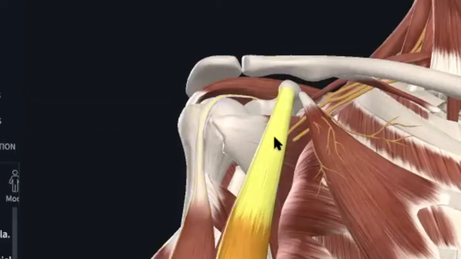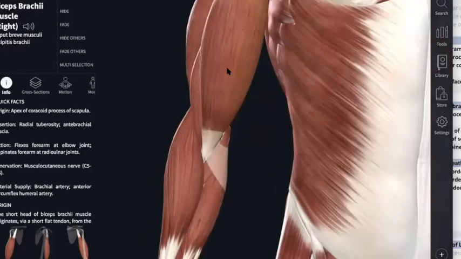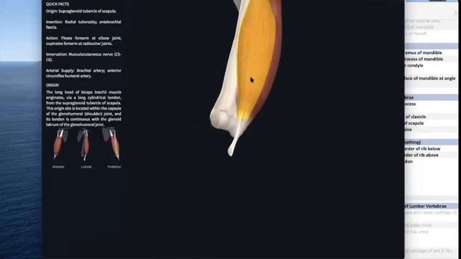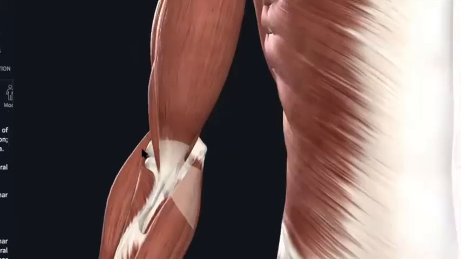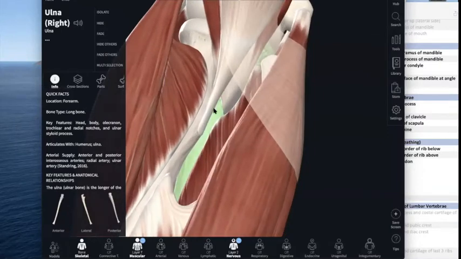And you have the short head, which seems longer, inserting onto the coracoid process. They're both merging onto, I don't show it there, but they're inserting onto that radial tuberosity.